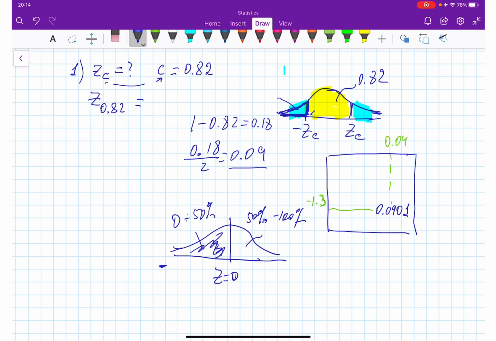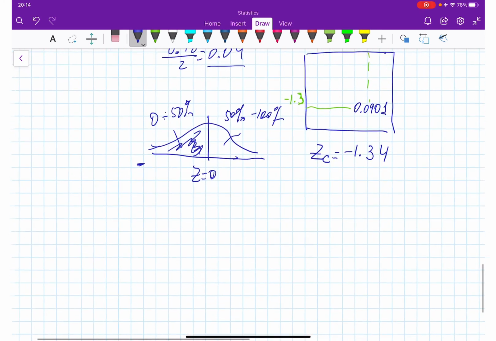So the z-critical is negative 1.34, and because in formulas we use the positive z-critical, our z-critical for 0.82 is going to be positive 1.34.